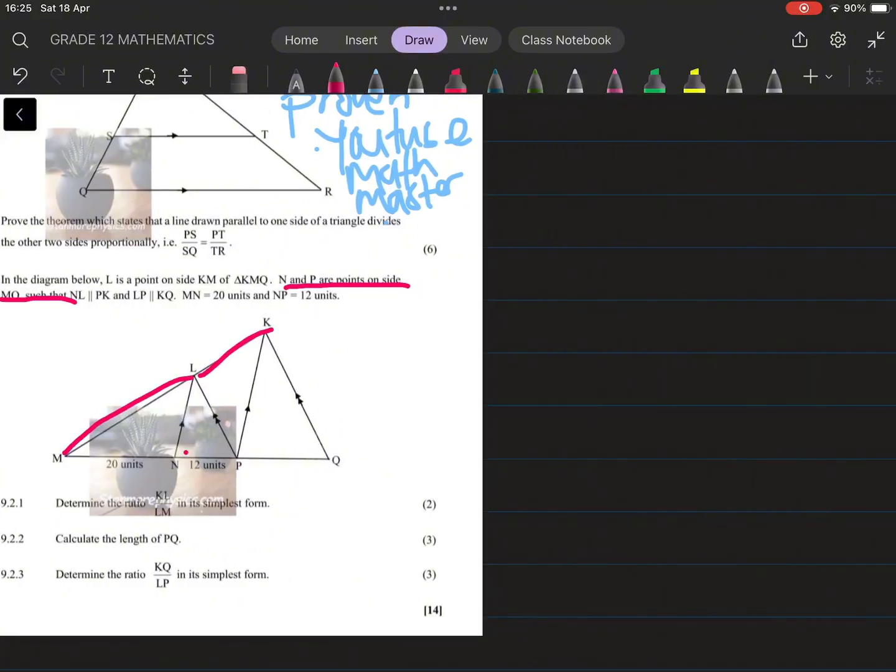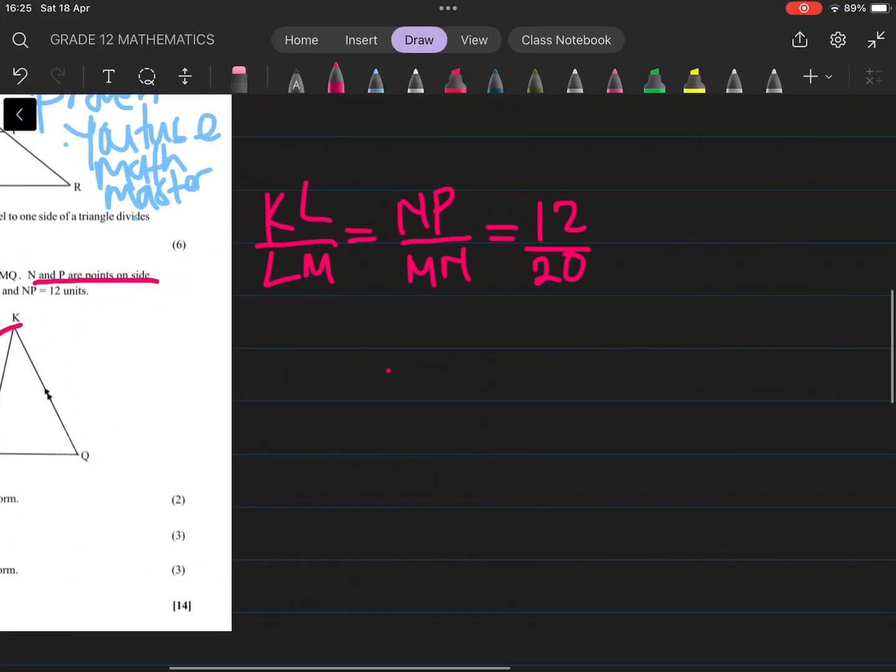Now we know that KL divided by LM will be equal to NP divided by MN, because if we look at triangle LMP, we'll see that LM is parallel to LP. That gives us a proportionality theorem, and then the sides are in proportion.